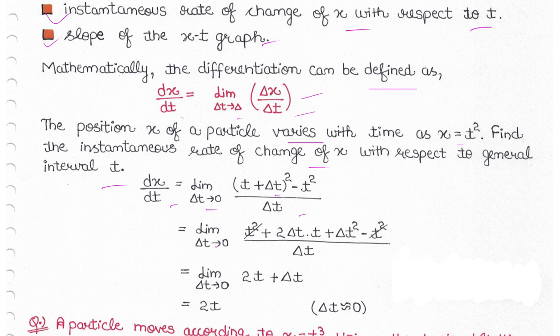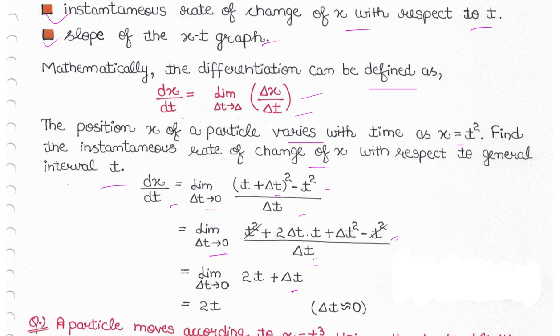If we simplify this, we can expand (t + delta t)² as a² + 2ab + b², and here minus t² by delta t. So we can write the limit as delta t tends to 0 of 2t + delta t.